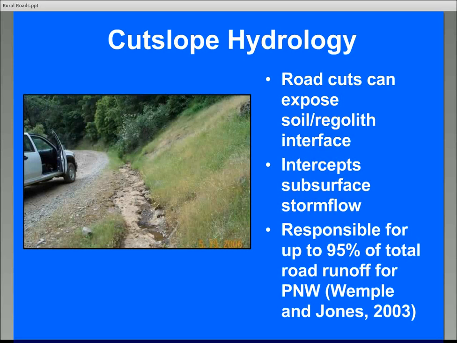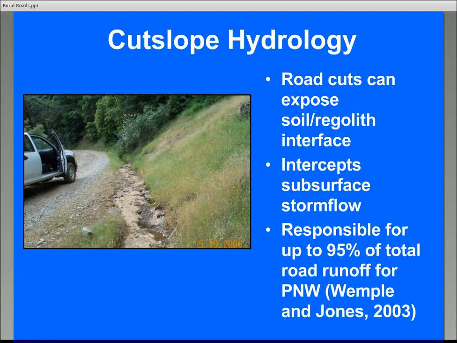The other thing that roads do is that when you cut transient groundwater perched. And when this happens, you start intercepting subsurface storm flow.